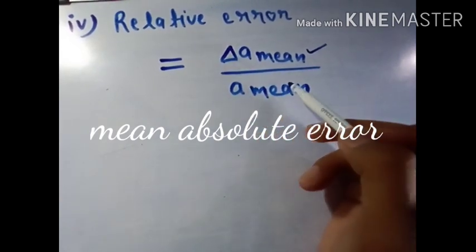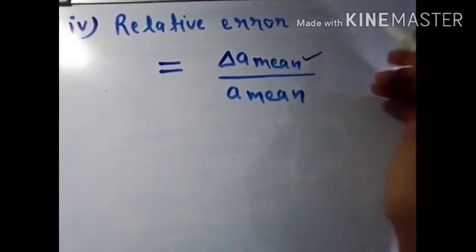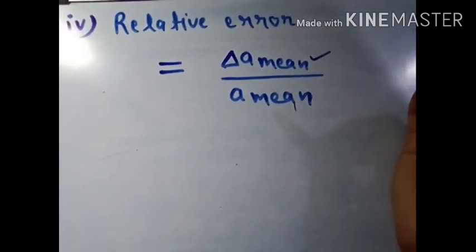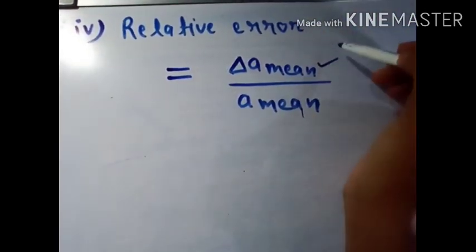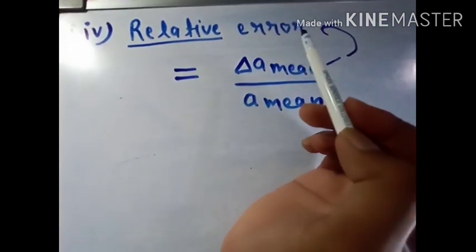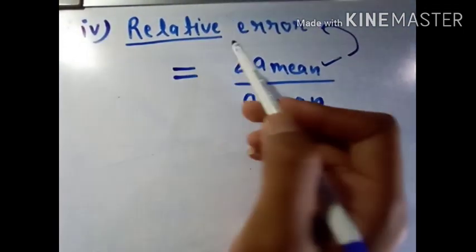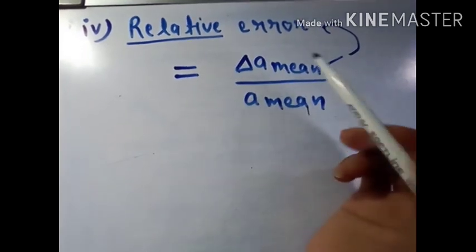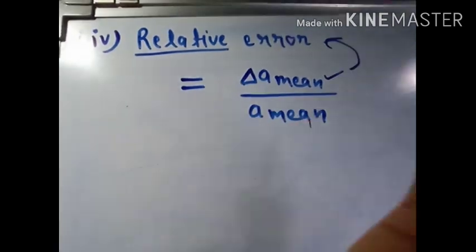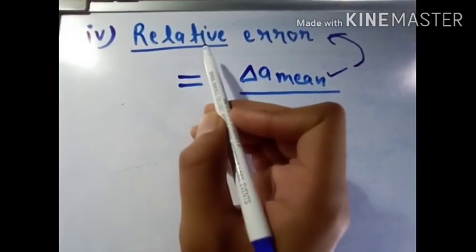Upon A mean, which stands for the true value. When you divide both values, you will get an answer, and that answer will be the relative error. The word relative itself signifies that you are dividing the two values. Understand?